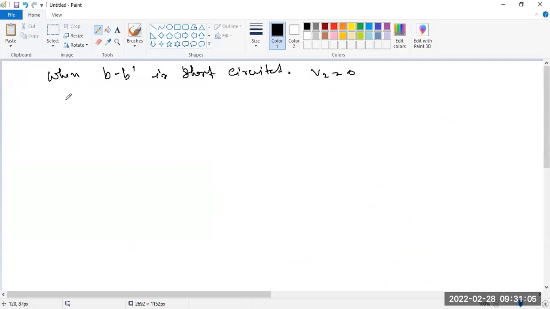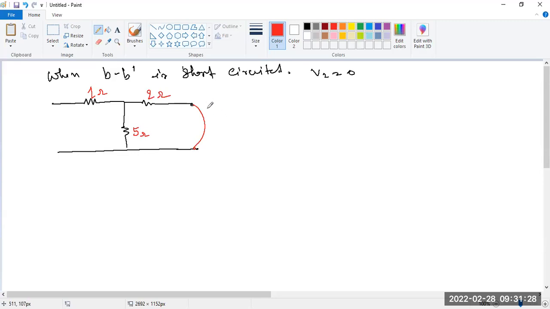So the circuit will be just like this, and make this path short. So this is the 1 ohm, this is the 5 ohm, this is the 2 ohm, and this is B and B dashed. This is A dashed. Here is the V1, and you know that V2 is 0. Current I2, that is current I1.